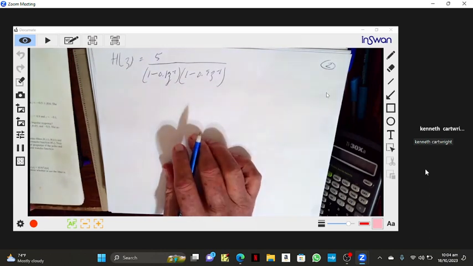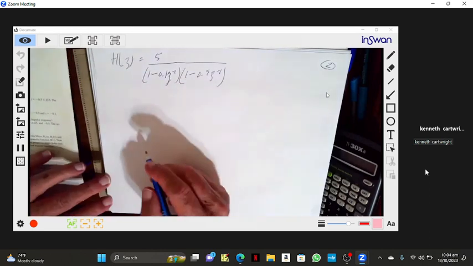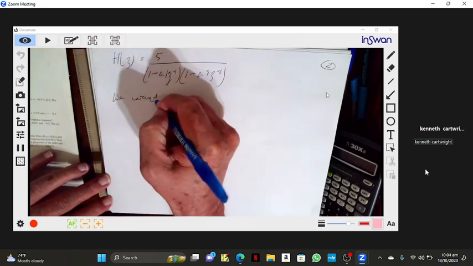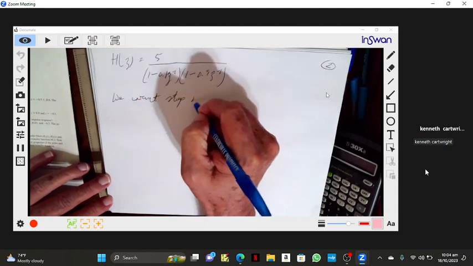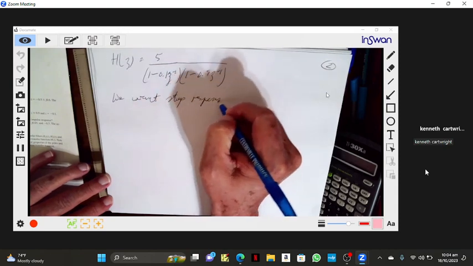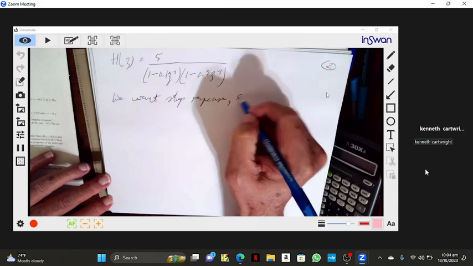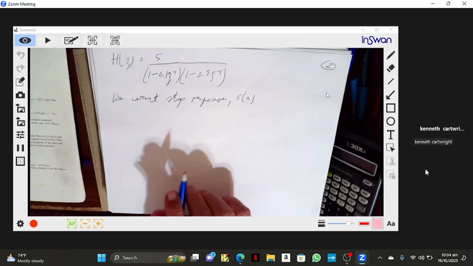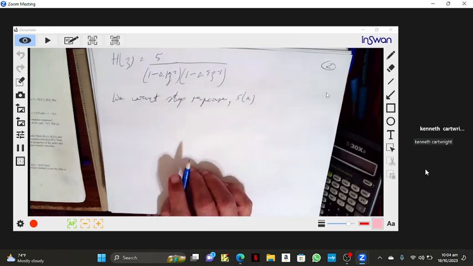We want the step response, s of n. What's the first step?